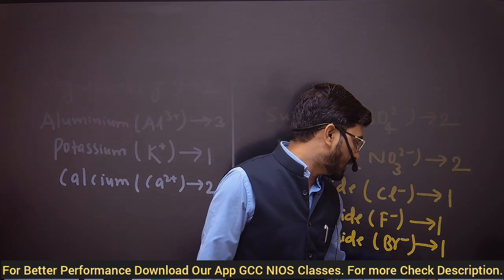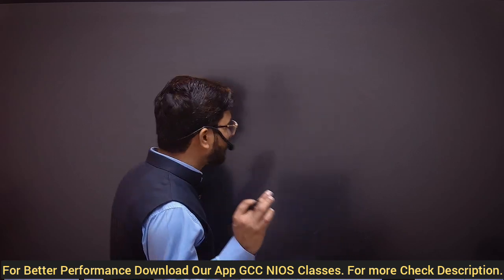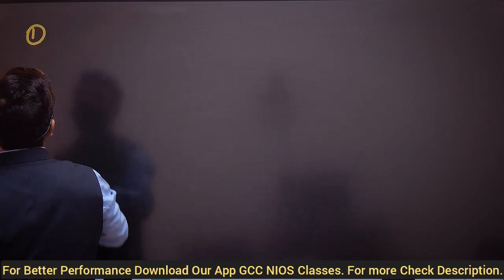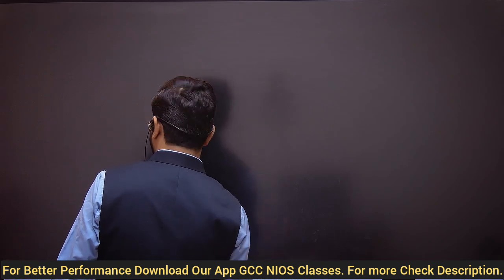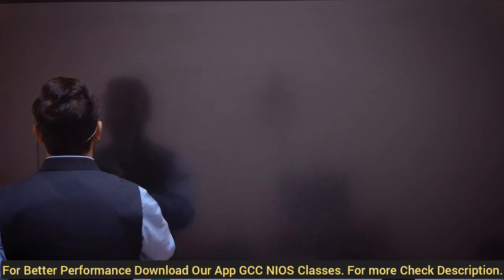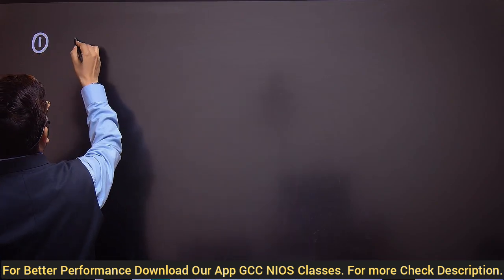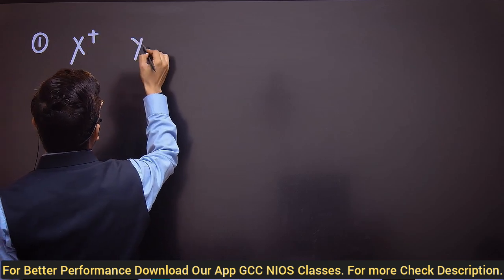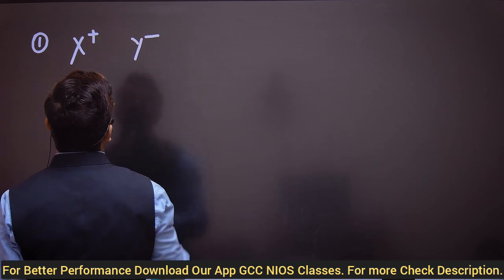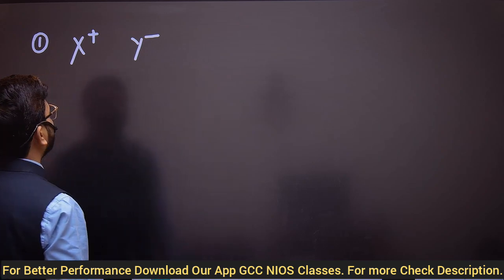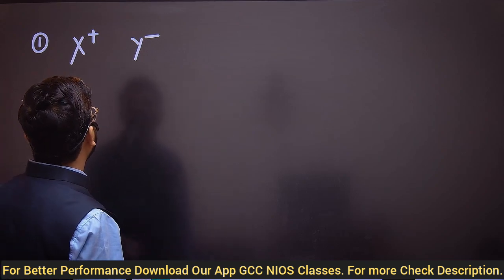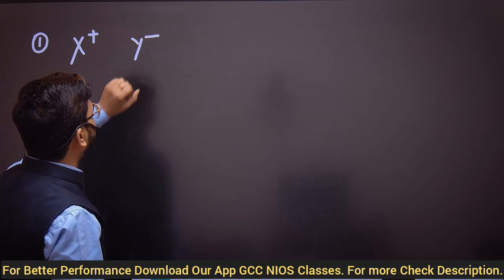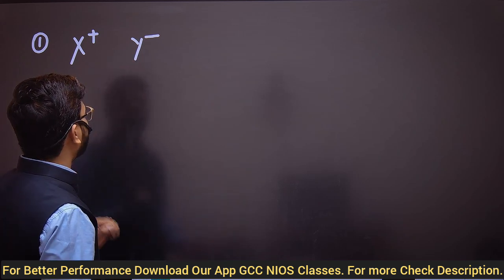So what are the rules to combine positive ions and negative ions for the formation of a molecular formula? These are the rules that you should know very well. First of all, the first rule: if any positive ion has plus and any negative ion has minus with the exact same value, the valency of the positive ion is, say, 2 and the valency of the negative ion is also the same as the positive ion.